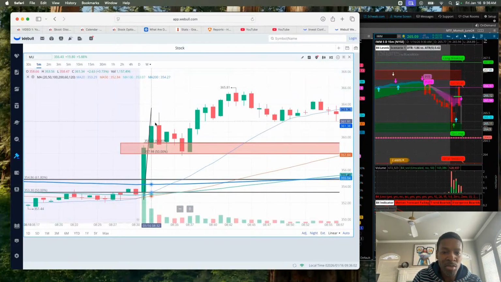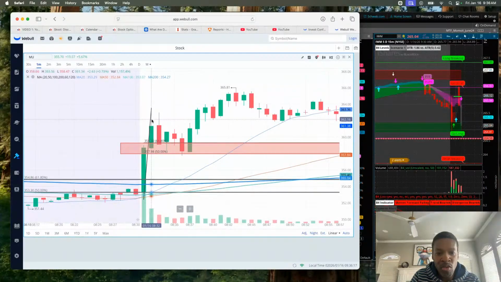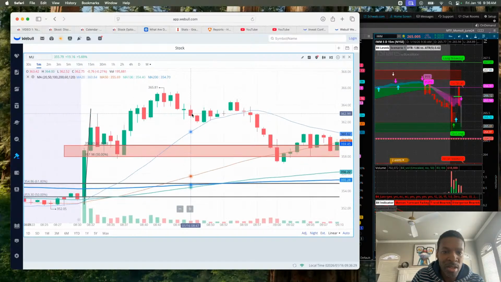If you weren't able to catch this move, you could have waited simply for the pullback here. So I drew fibs here. I drew fibs to show me where we were pre-market, and then I drew fibs off the initial 2 minute move. You can see if you missed that move, you could have been patient, pulled back right here, and from here, you would have been able to get roughly about 85% win on MU today, above the previous highs for the day.